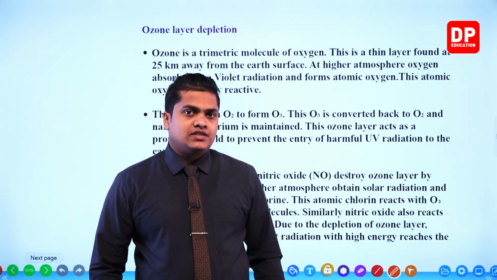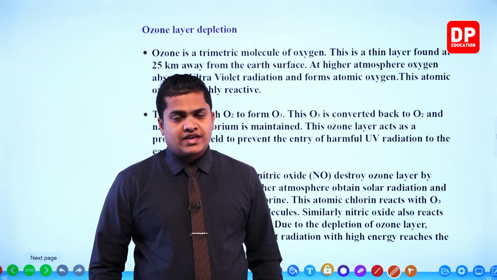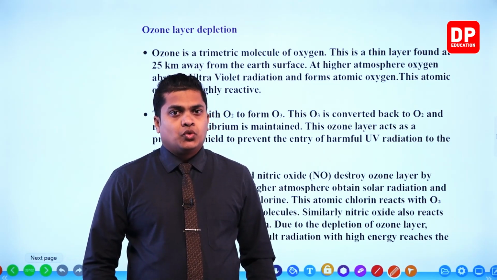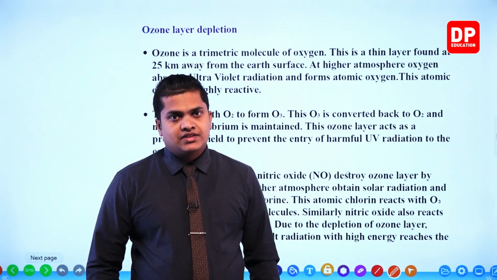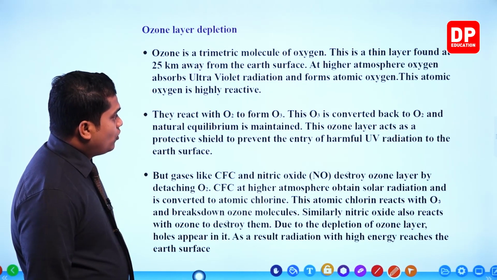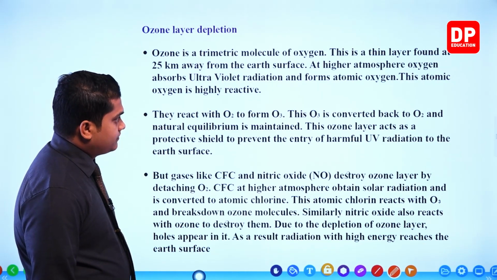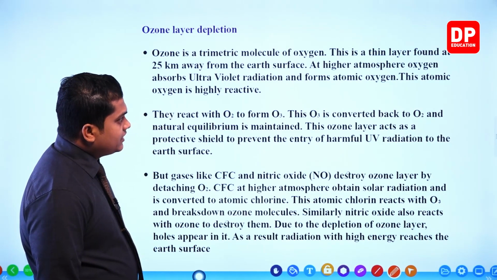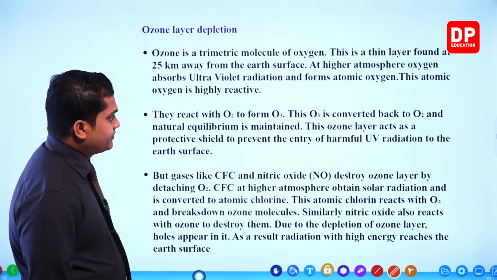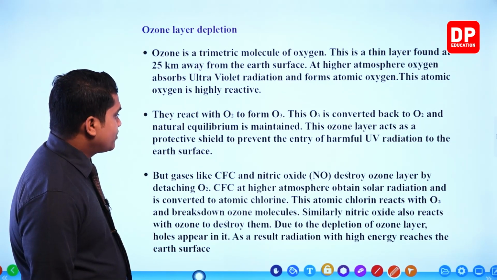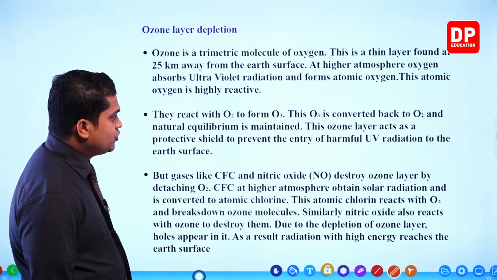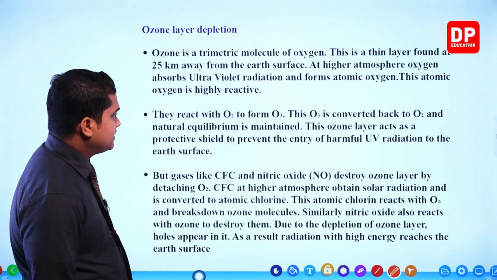So atomic oxygen once again combines with oxygen gas, and upon that combination, ozone gas or O3 molecule is created. Here it is given, they react with O2 to form O3. This O3 is converted back to O2 and natural equilibrium is maintained. This ozone layer acts as a protective shield to prevent the entry of harmful UV radiation to the Earth's surface.